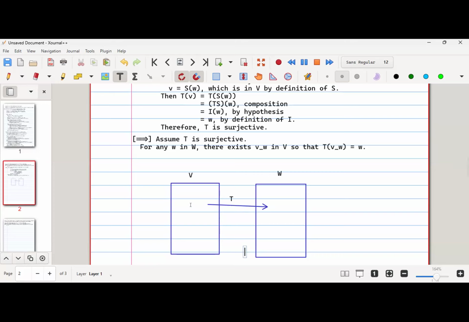So in other words, when T maps everything from V to W, we want to consider every output in W and define S by mapping it, sorry, let me use a different color, back to here. And that's how we want to define S, right?